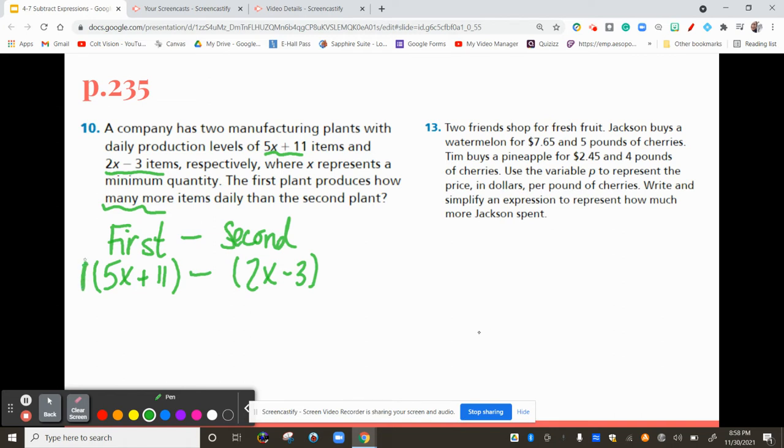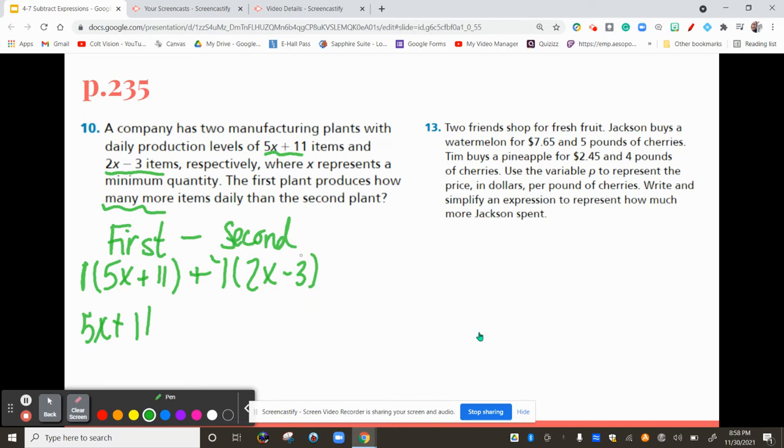So there's an invisible 1 out here. 1 times 5x is 5x, 1 times 11 is 11. So it doesn't really change anything when I get rid of those parentheses. But over here, if I put the invisible 1, then I realize I really have a negative 1. So when I distribute, I would have times negative 2, and I would have negative 3. That's one way of looking at it.